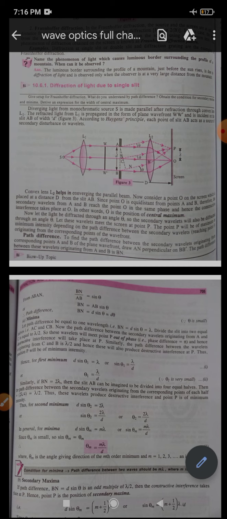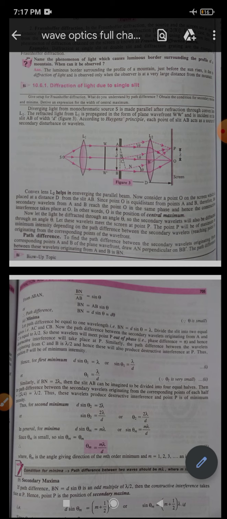Next we have diffraction of light due to a single slit. As we used two slits in Young's double slit, now we are using a single slit and studying the diffraction pattern. A diverging light from a monochromatic source S is made parallel after refraction through the convex lens.